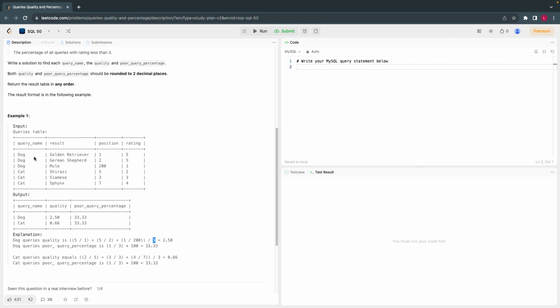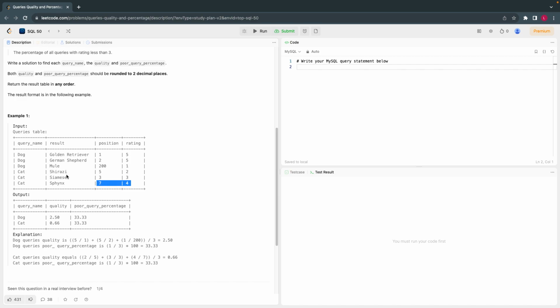Let's understand better one more time, for another query name. Again, this is for the quality only; poor query percentage will come back in a while. Right now let's understand for another query name called cat. How exactly do we calculate? Rating is 2 divided by 5 for this record, plus 3 divided by 3, plus 4 divided by 7.